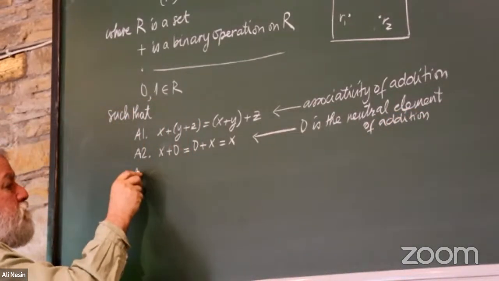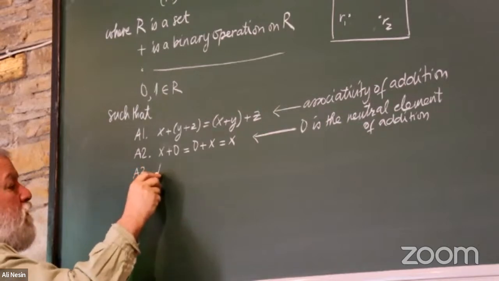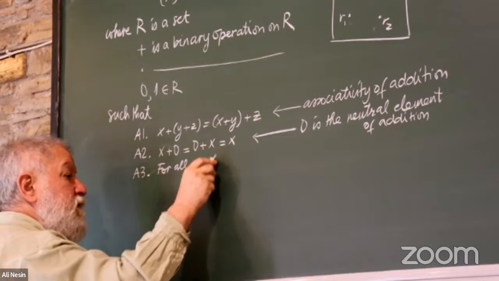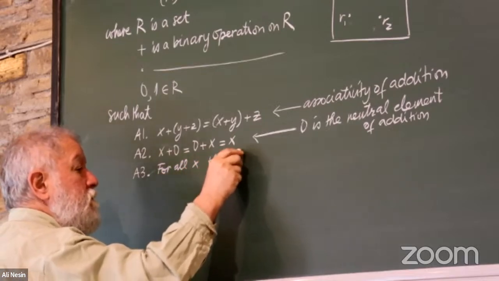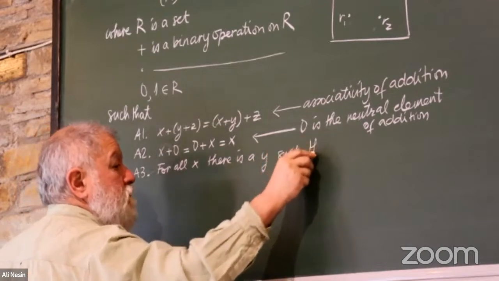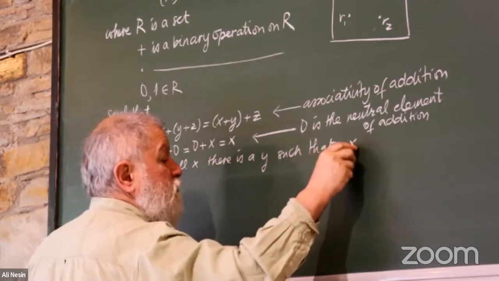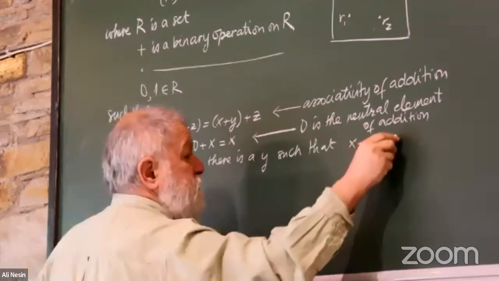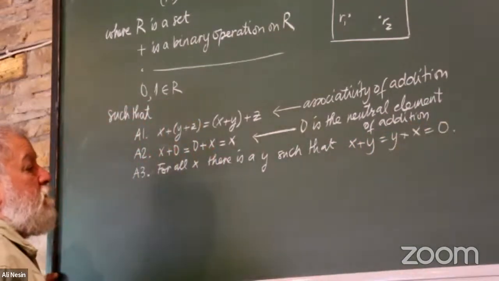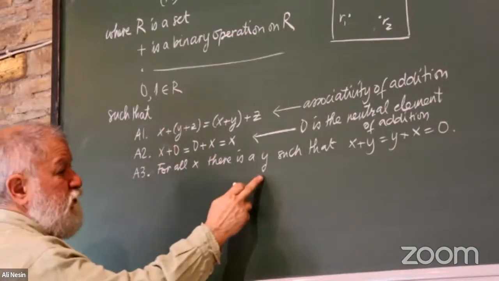A3: for all x, there is a y such that both x plus y and y plus x are equal to 0. So this is called the inverse of x.